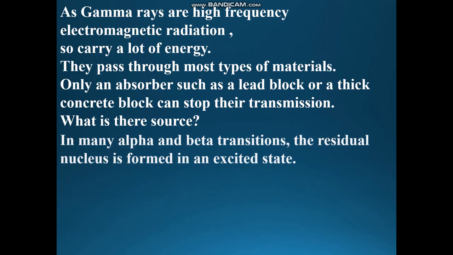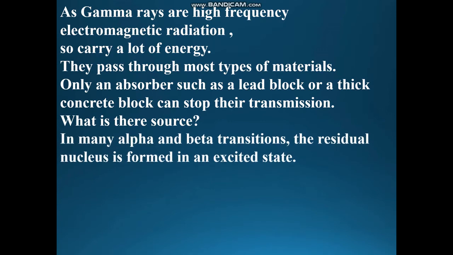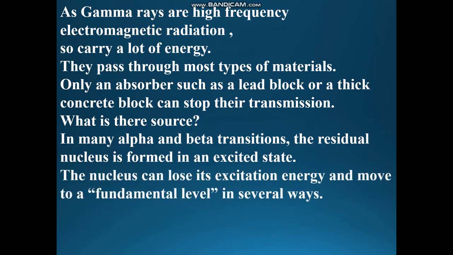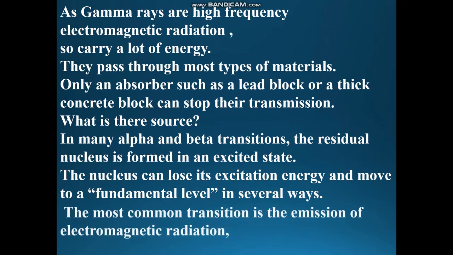What is their source? In many alpha and beta transitions, that means in the process of radioactivity, the residual nucleus is formed in an excited state. The nucleus can lose its excitation energy and move to a fundamental level in several ways.